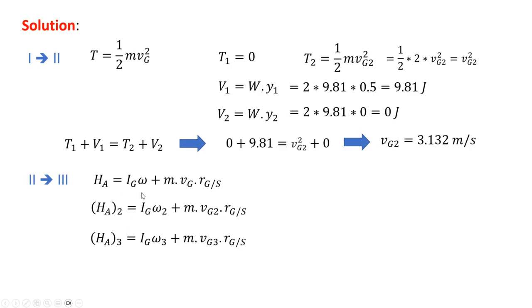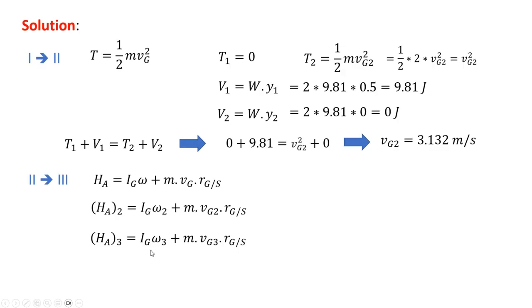So I need to calculate the Ig here. It's 1 over 12 multiplied by the mass of 2 multiplied by the length of 1 meter squared. So we can find that. Again, in state number 2, the omega should be equal to 0, and the Vg2 is already calculated.